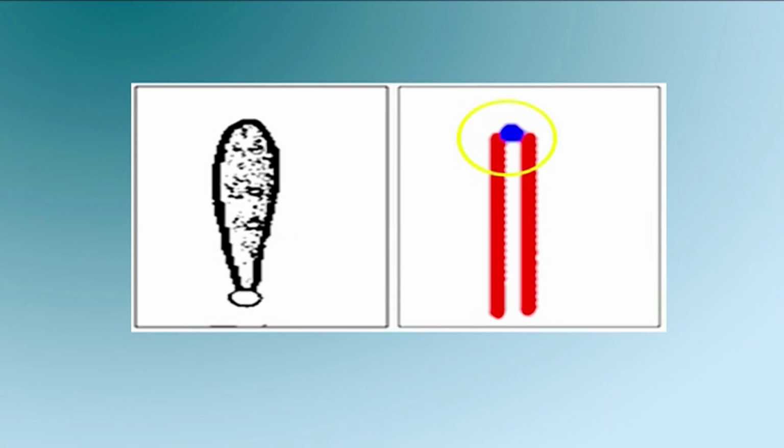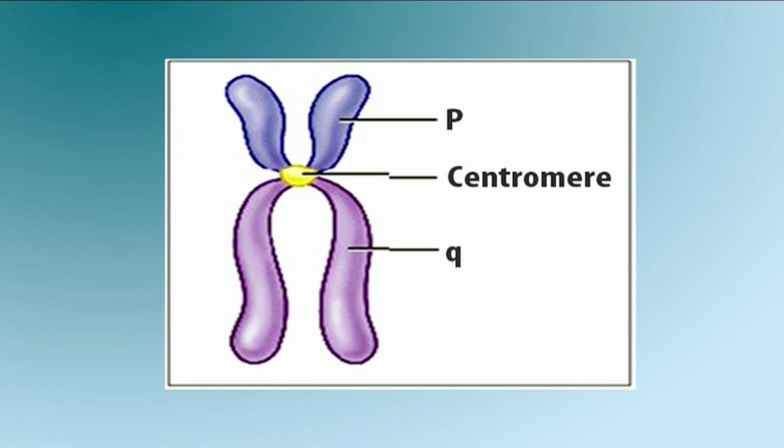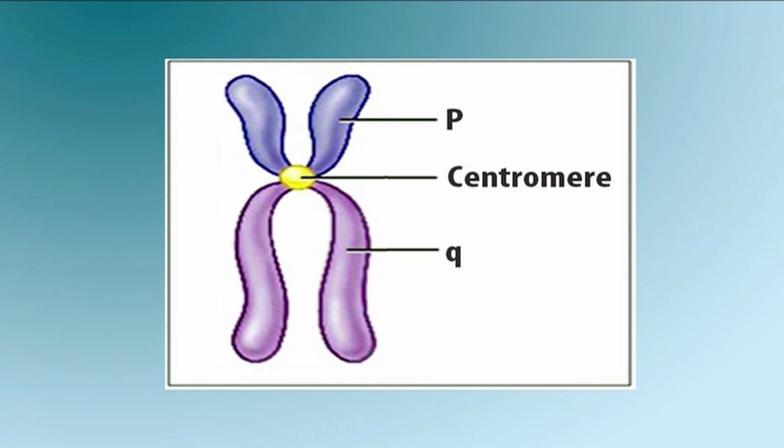The chromosomes are rod-shaped. Telocentric chromosomes are very rare. In telocentric chromosomes, one arm is very long and the other one is very short. The short chromosome arm is designated p, that is petite, and the long arm q, one letter after p.